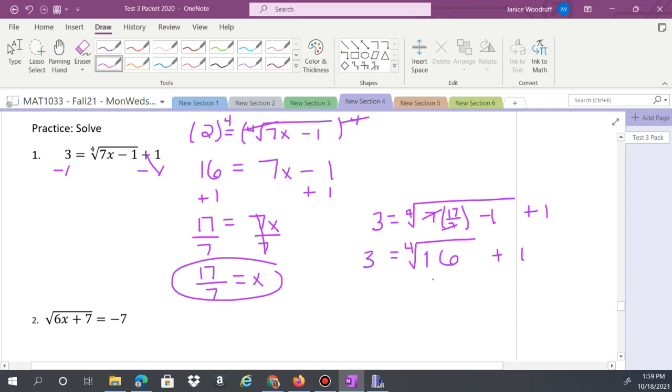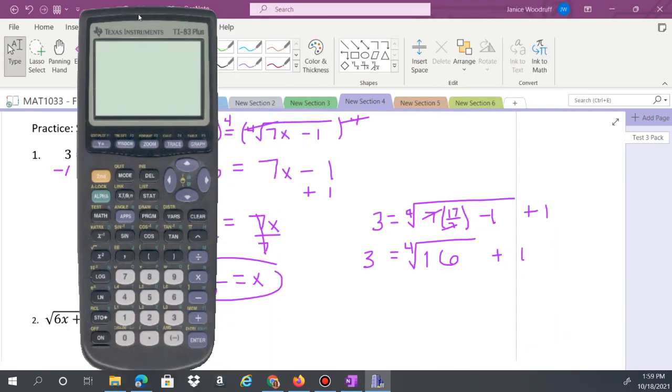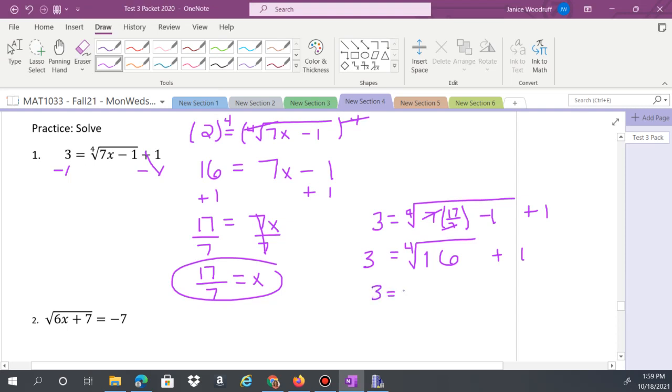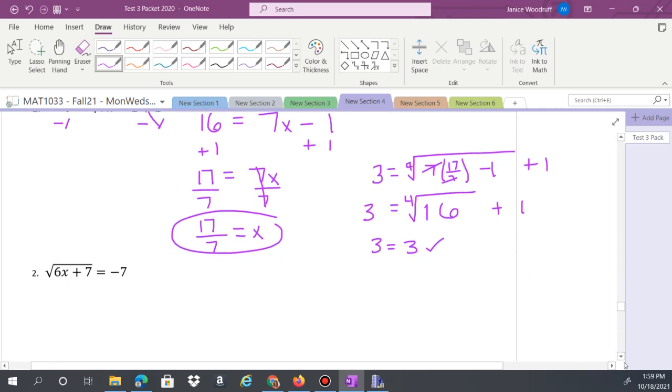So 4th root of 16 should be 2. Let's check. 4th root of 16 is 2, and then plus 1, 3. So we're actually good to go here. This is 3 equals 3. That checks out. So we can keep our answer of 17 over 7. Any questions on that one?